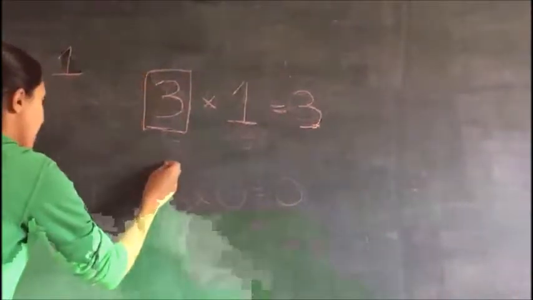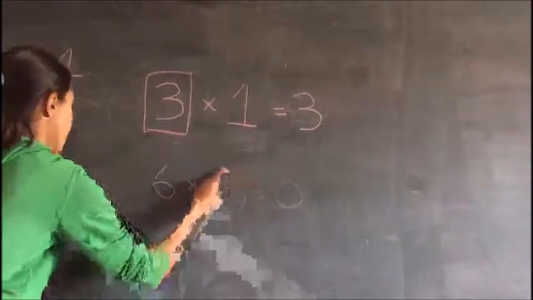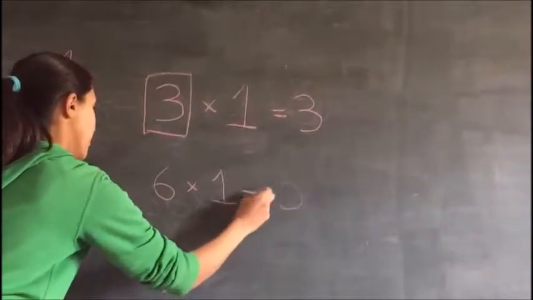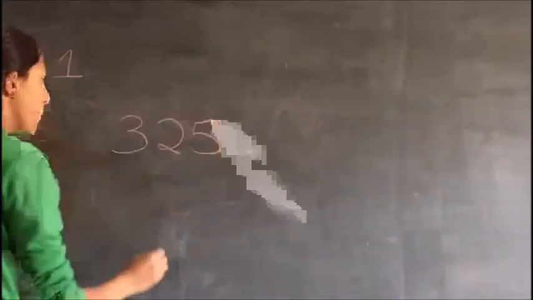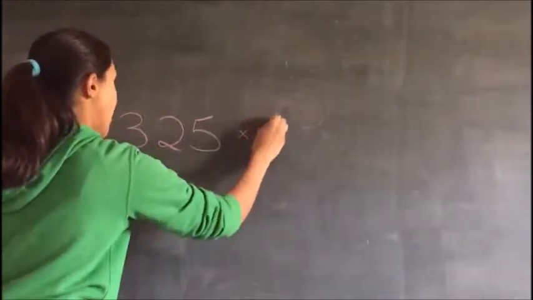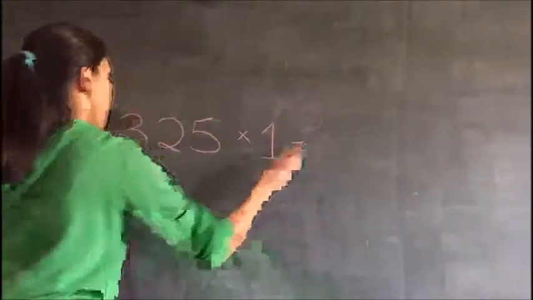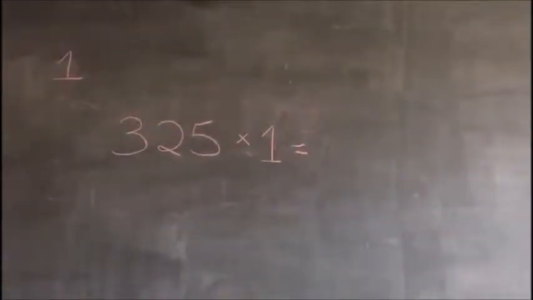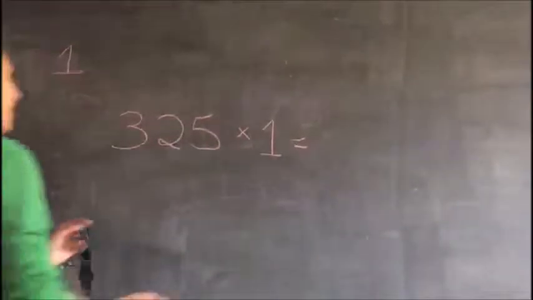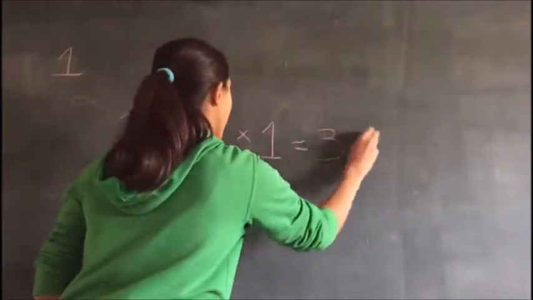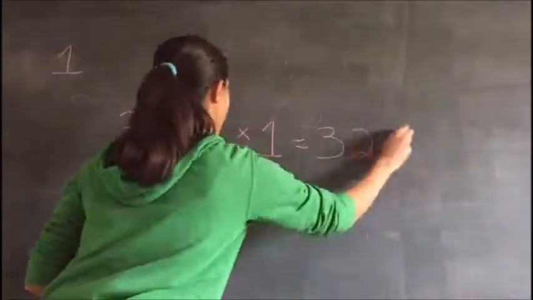Just like 6 times 1 is equal to 6. Another example could be that if we have the number 325 and we multiply that by 1, what do you think this will be equal to? Yep, you're right. It is equal to 325.